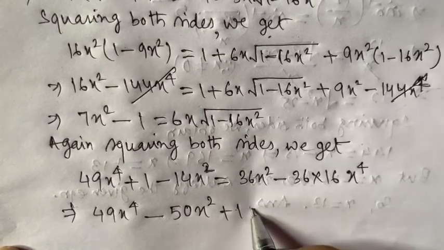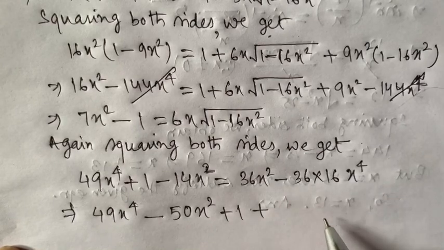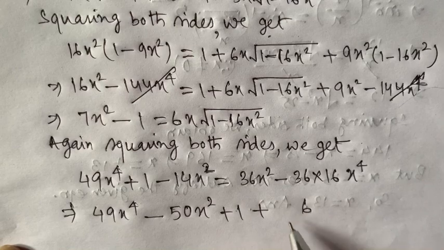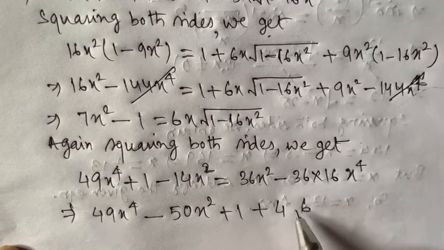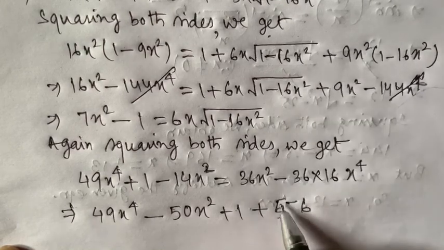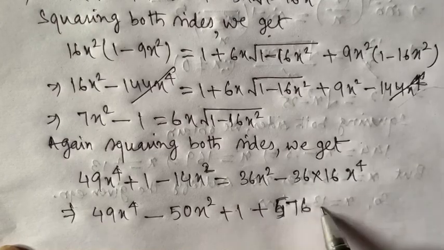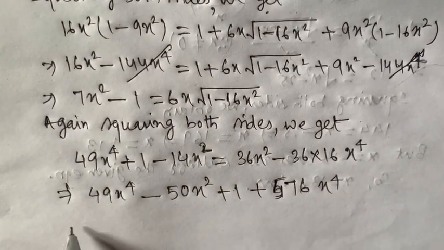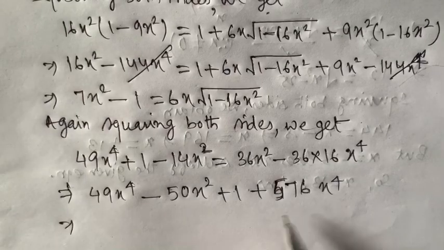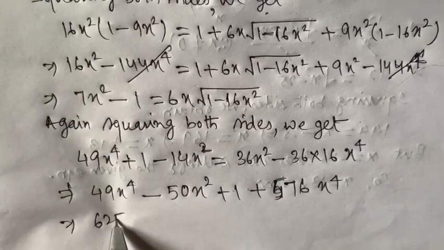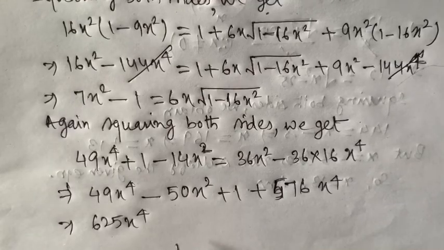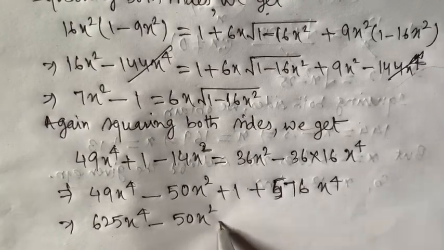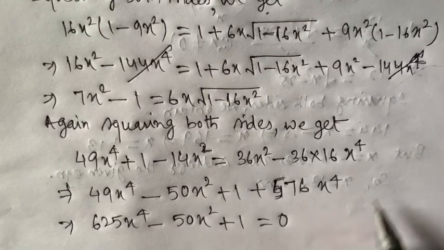Bring the other term to that side and multiply: 36 into 16 is 576, so 576x power 4. So we have 625x power 4 minus 50x square plus 1 is equal to 0.